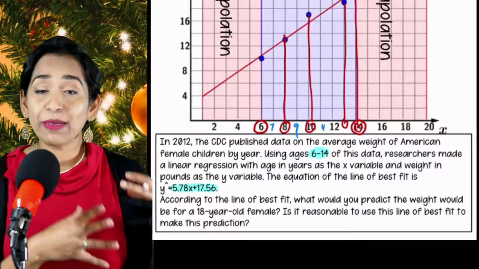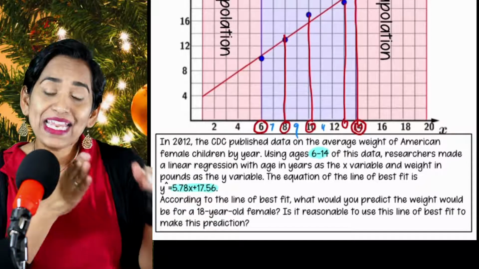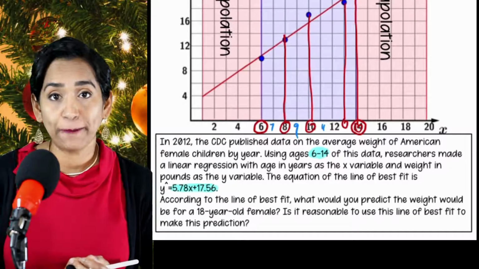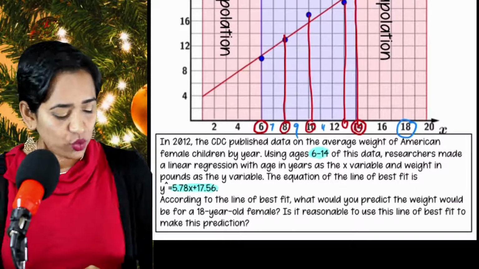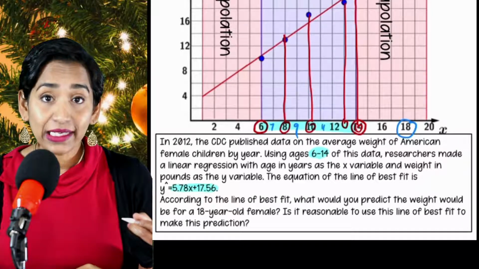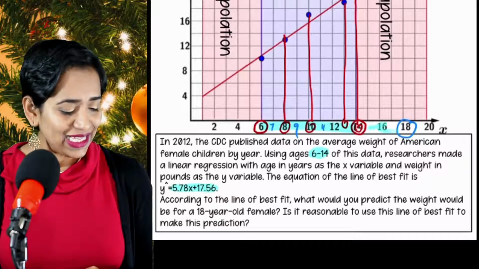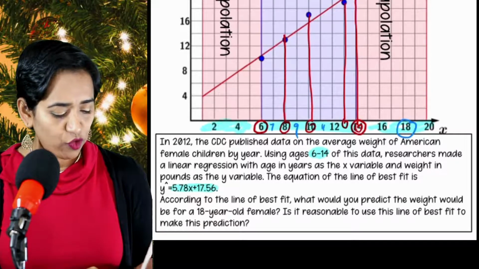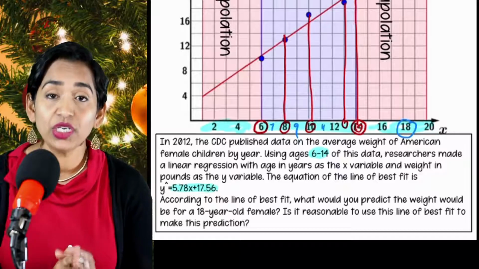I can use the line of best fit, or the regression line, to predict in between 6 and 14. If they ask me for 18, that's not in between 6 and 14. So yes, I can still calculate, but that's not going to be reliable. In between 6 and 14 is interpolation.